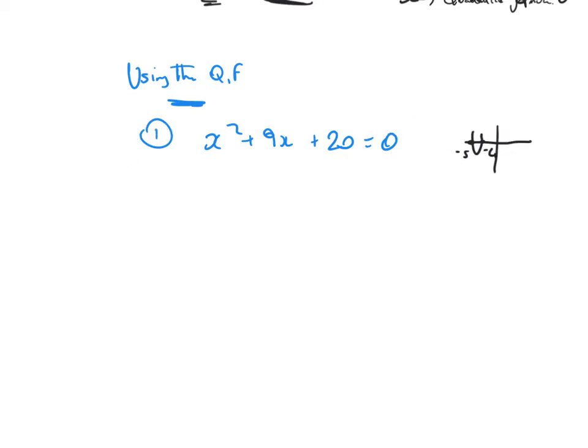Okay, so using the quadratic formula, let's try that example 1, x squared plus 9x plus 20 equals 0. Now if it works, I should expect the same two results I got last time, which were minus 5 and minus 4. So let's see.